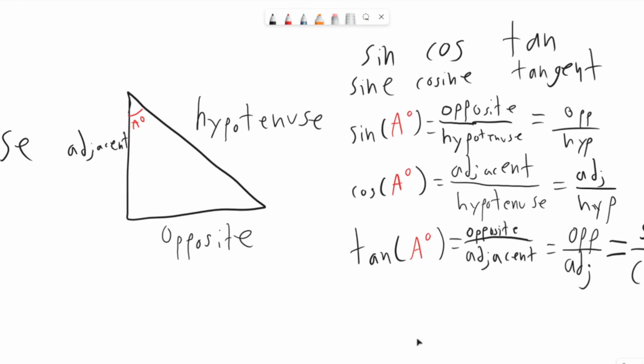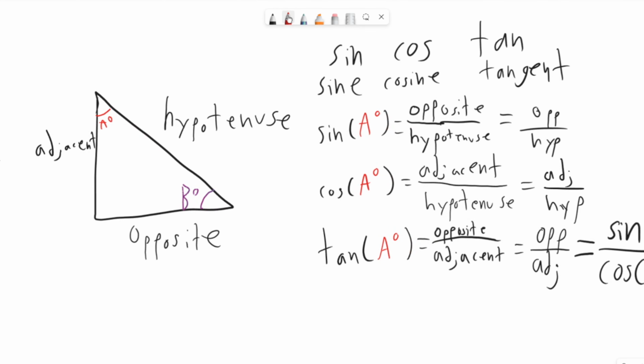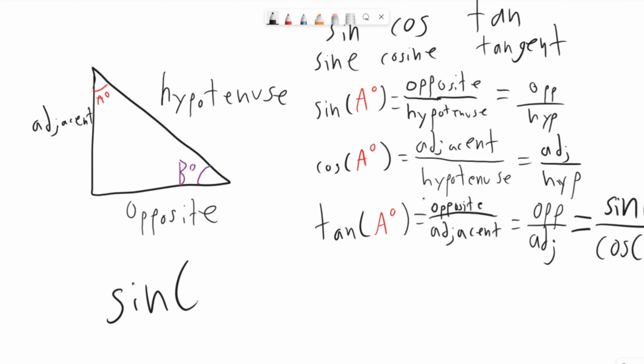Now, if it wasn't a degrees, and it was instead something like b degrees, we'd still do all the same things. The sine of b degrees is still going to be written as opposite over hypotenuse.